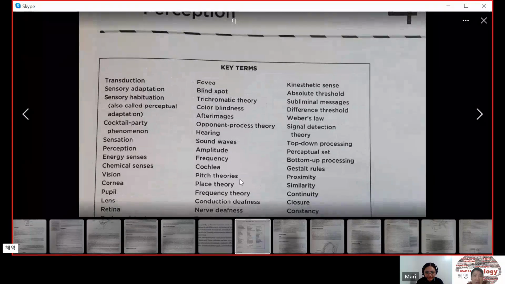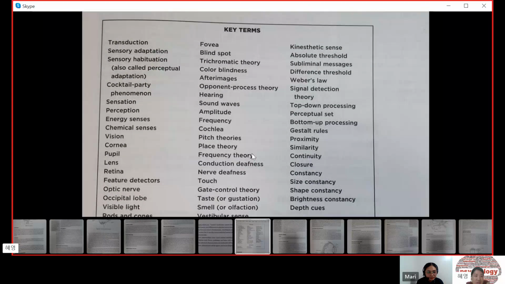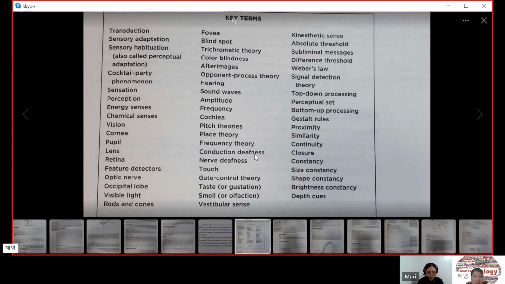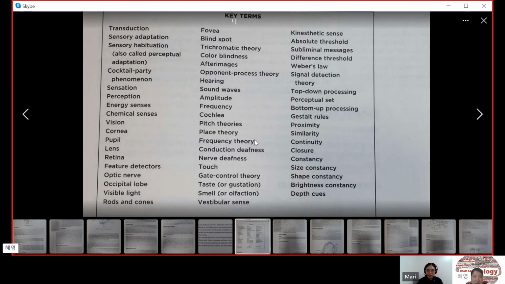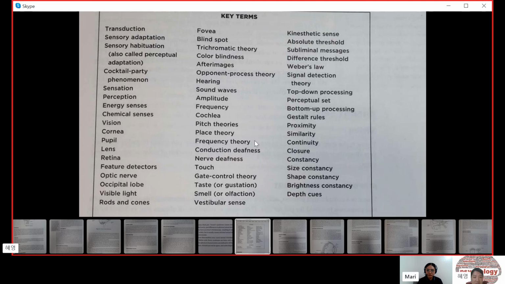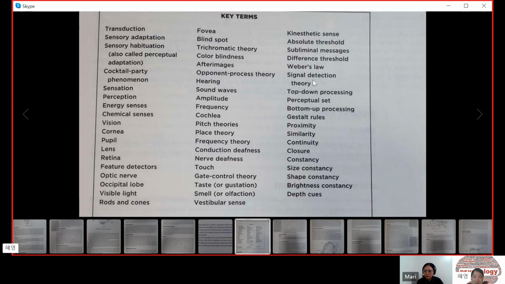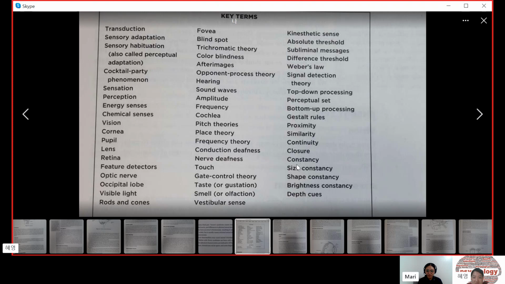So there are some key terminology like transduction, sensory adaptation, cocktail party phenomenon, sensation, perception, energy senses, chemical senses, vision, cornea, pupil, lens, retina, and so on, and color blindness, hearing, sound waves, pitch theories, touch, taste, smell, kinesthetic sense, absolute threshold, Weber's law, top-down processing, bottom-up processing, similarity, continuity, and so on.